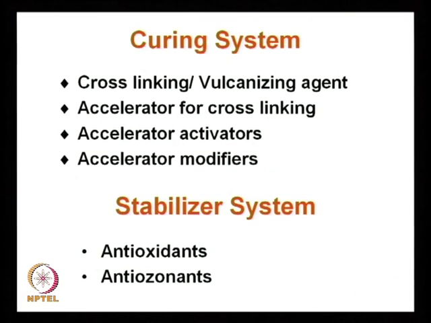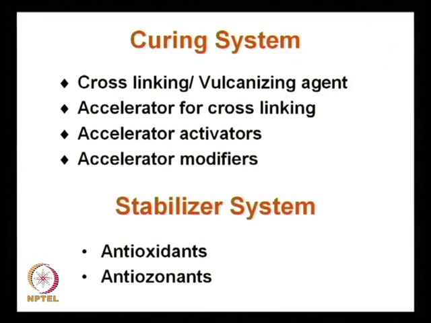Now, by using these accelerators and accelerator activators, these ingredients, it has been found that the vulcanization time has been reduced from 8 hours to 5 minutes or even 2 minutes. You see the role of accelerators, how important and essential it is in our products, you can understand from this phenomenon.